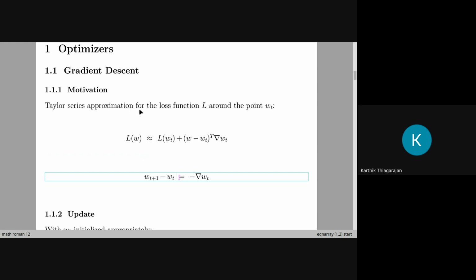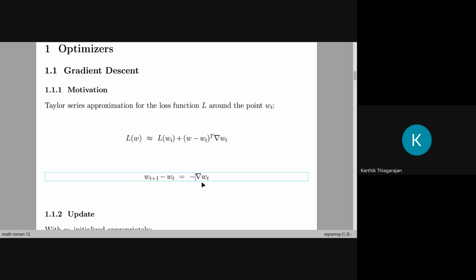See, this important point is the Taylor series. When you say Taylor series approximation, this holds good only around a very small range. You're at WT now, and you can't step too far away from WT. If you do that, this approximation is no longer valid.